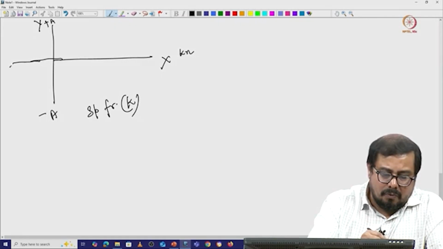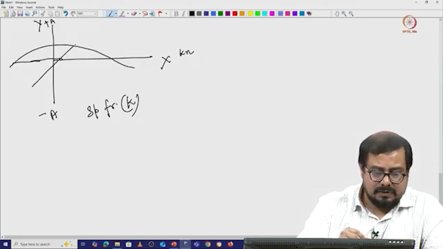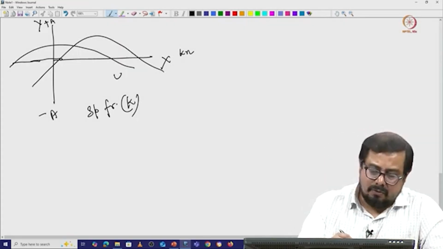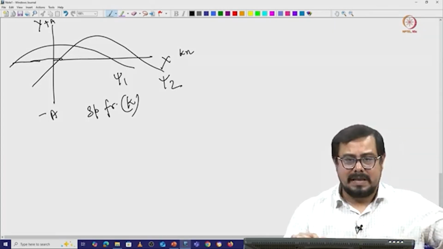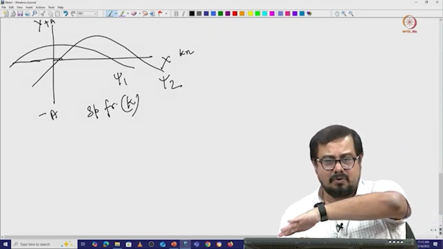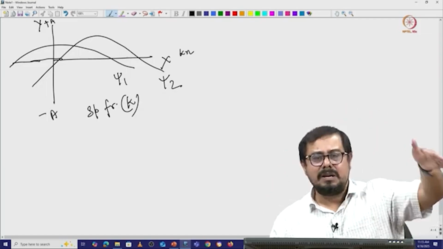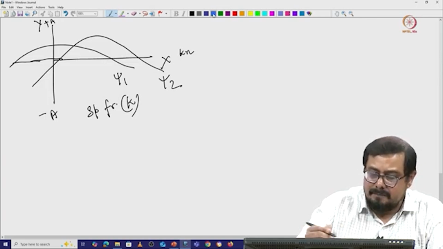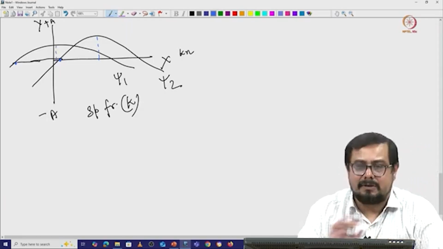Now we have one wave like this and another wave like this: wave 1 and wave 2. One wave is going like that, and simultaneously the other wave is there, but the start point is different and the amplitude is also different. They are not the same.